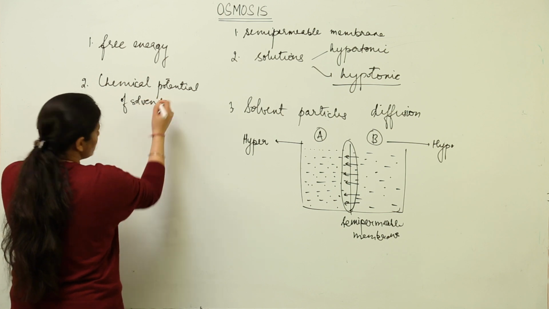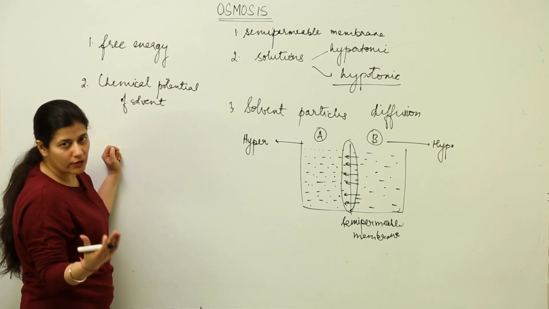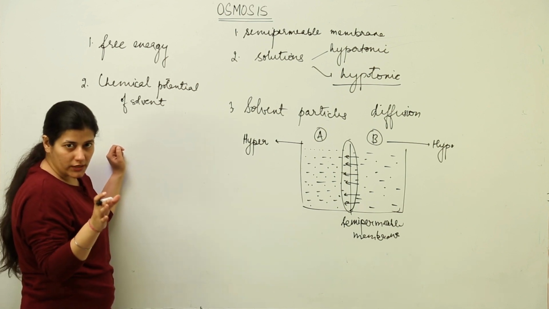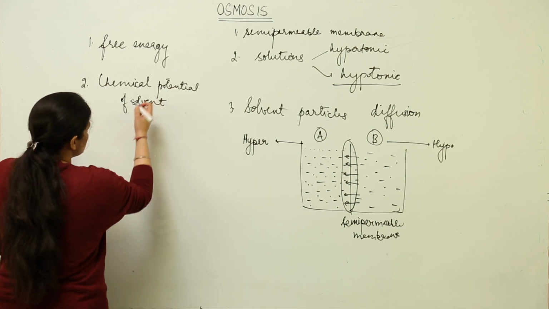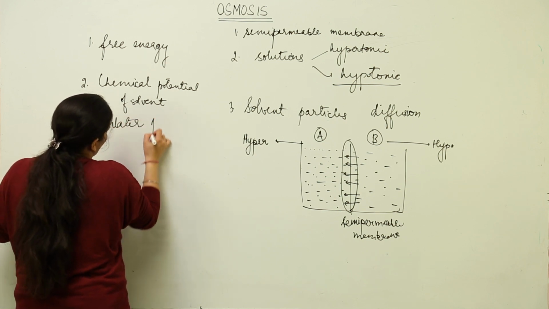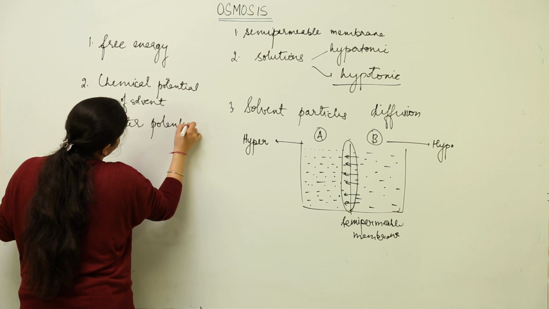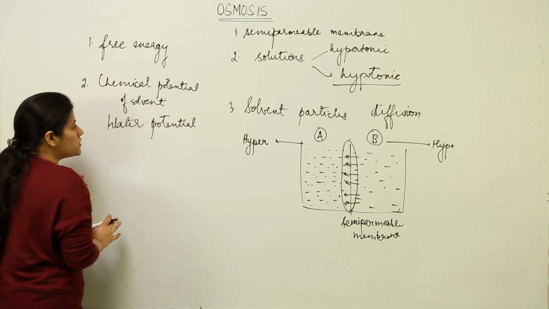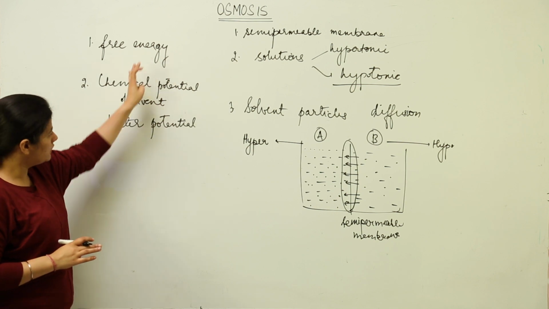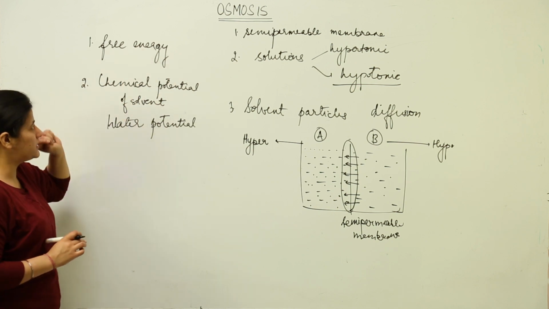And you know, in most of the living cells in the biological world, water is the most abundant solvent, it is the universal solvent. So when we talk about chemical potential, we are talking about water potential itself. So we are going to analyze the definition of osmosis in terms of these two factors. So let us see now.